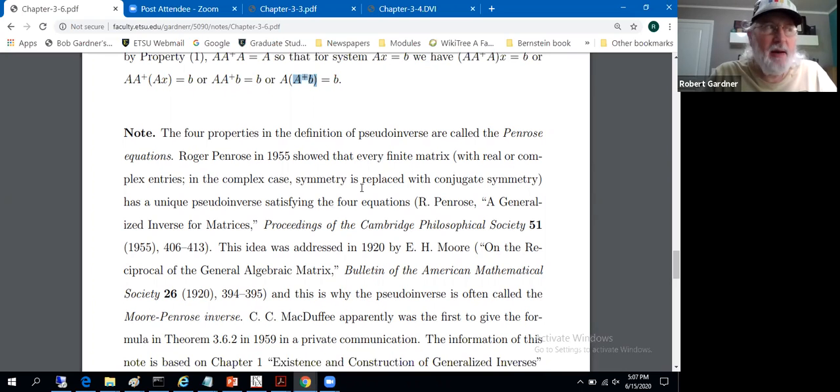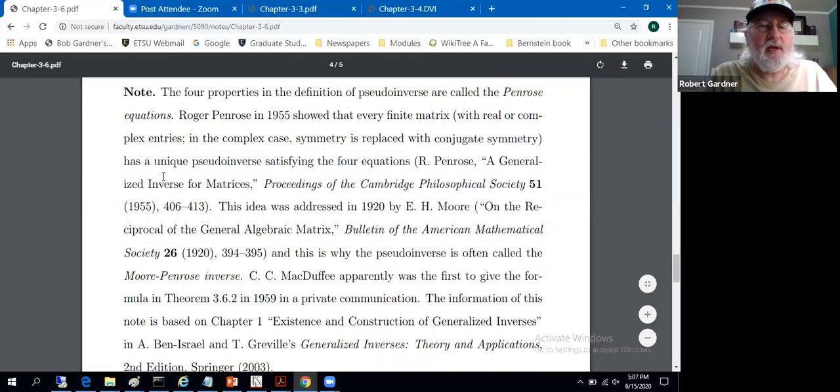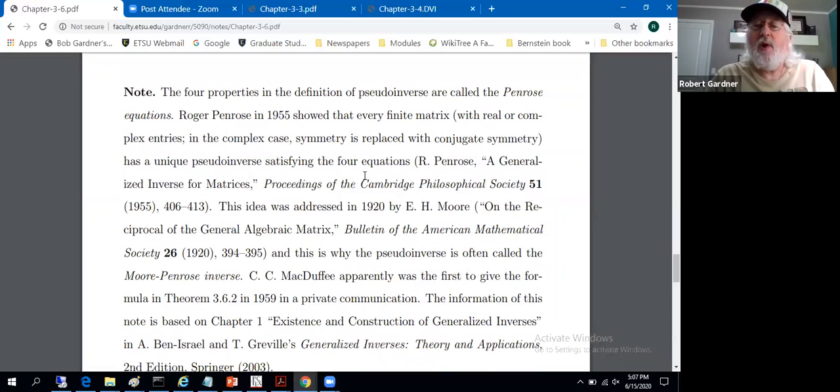The symmetry properties have to be replaced with conjugate symmetry if I have complex entries in the matrices. Not a problem. We're only dealing with real entries in here, but slightly different in the complex setting. So Roger Penrose shows every finite matrix, real or complex, has a unique pseudo inverse satisfying those four equations.